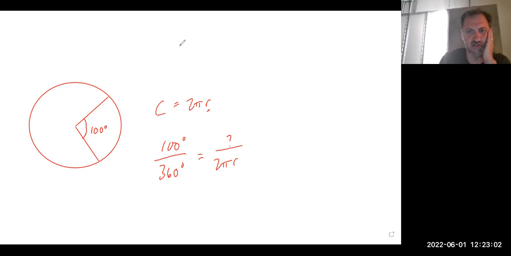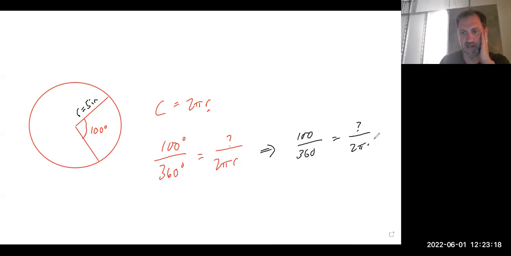So first of all, solving this problem, right? 100 degrees times 2 pi r, let's say the radius is 5 inches, right? So then it would just be 100 over 360 equals question mark over 2 times pi times 5.